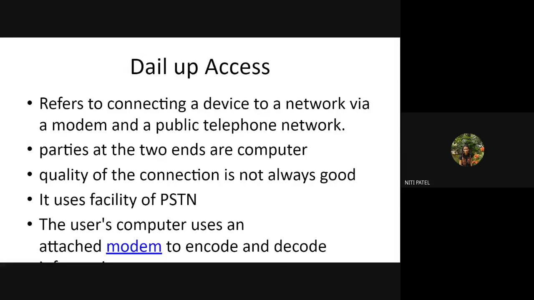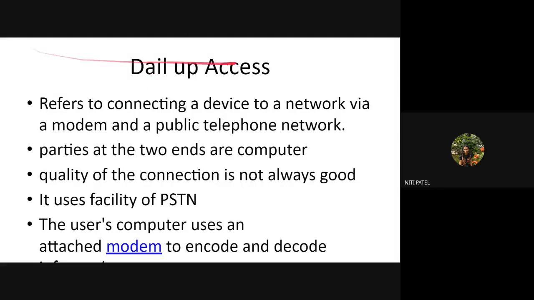Whereas in dial-up access, to get the internet connectivity, I have to first dial a number from my telephone device. After that, I take the connectivity from the internet service provider, and then the connectivity will be enabled on my modem. So the dialing of a number which happens in dial-up access is not happening in PPP.